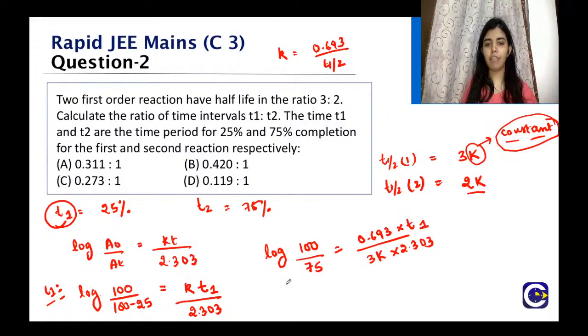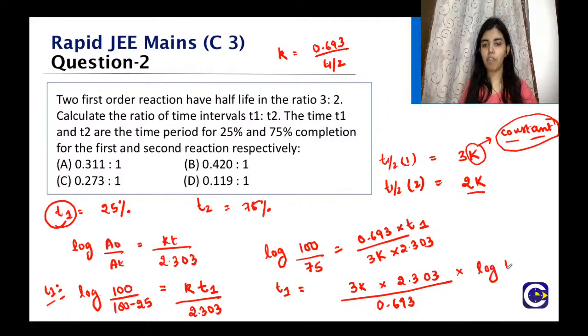So the value of T1 will be T1 equals 3K into 2.303 divided by 0.693 into log of 100 divided by 75. So this is the expression for T1. Similarly, now we have to calculate the expression for T2.